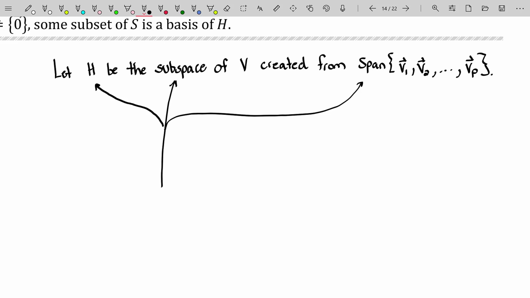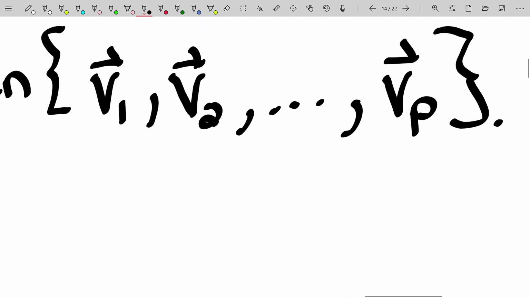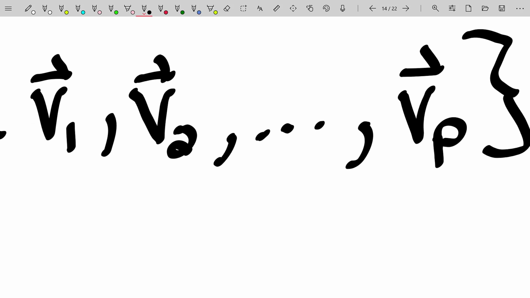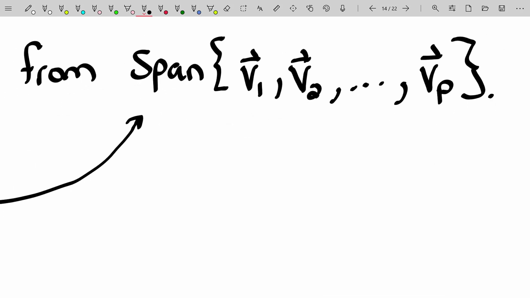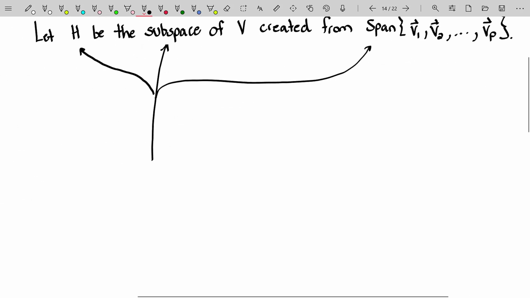So we're all going to shake our heads or nod our heads when I say the following. If there's an offending vector in here that is a linear combination of the other vectors in here, I can remove it from this set. Everybody nods their head and says, okay. So for argument's sake, let's just say V sub 1 is a linear combination of all the previous vectors.